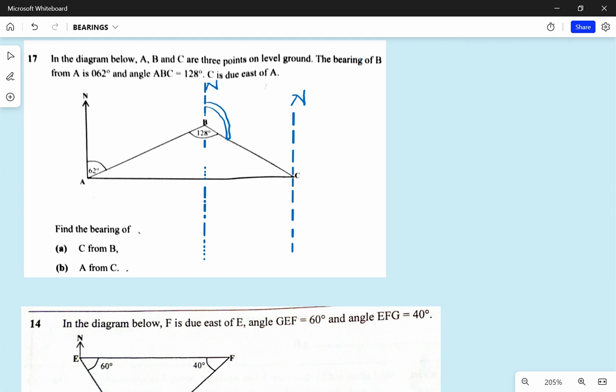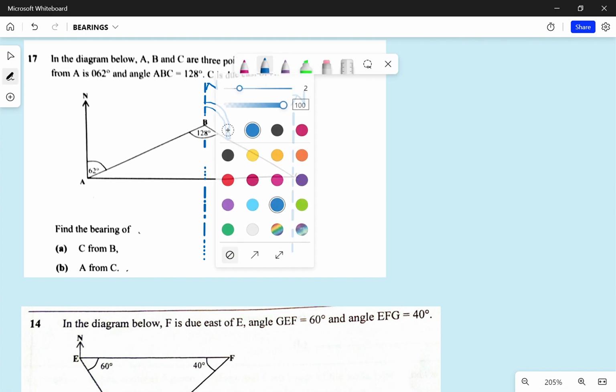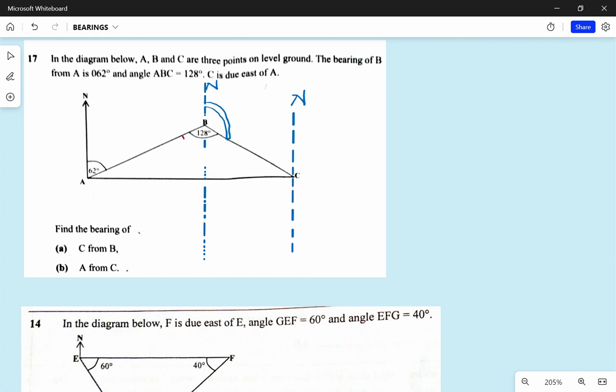Now let's check it out. You will discover that this angle here, let's just change the pen there so we can see nicely. You will discover that this angle here is alternate to that angle there.